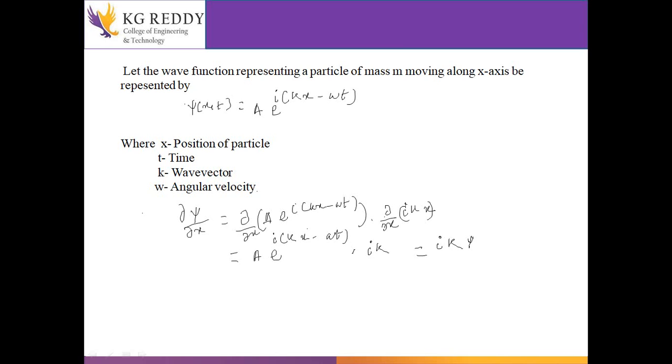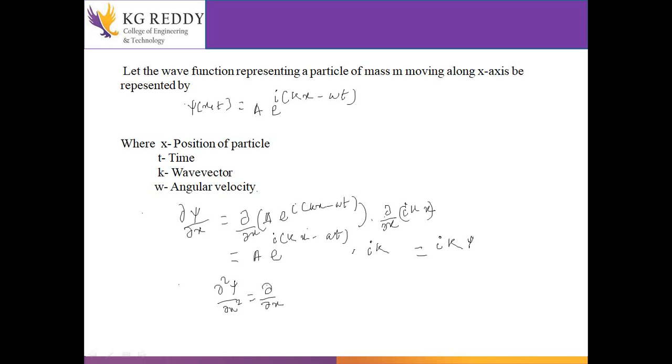Now we will find del square psi with respect to del x square. Again we differentiate this equation with respect to x.